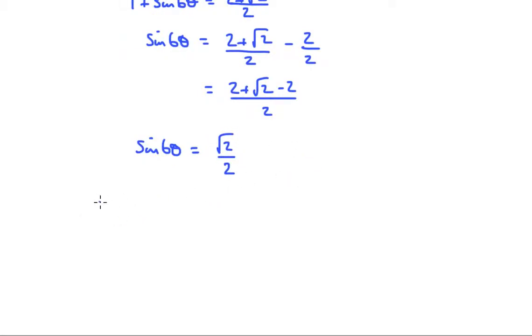So if we inverse sine that, we will get what 6 theta equals. So that's pi over 4.